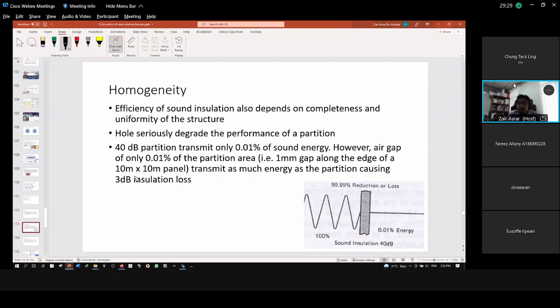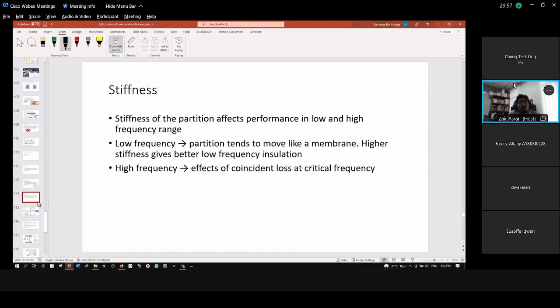That alone, which equals 0.01% of the partition area, will drop the performance of our partition to a maximum value of 40 dB. So the effect of the gap or hole on the partition is very detrimental. Avoid holes, or plug any hole as much as possible.